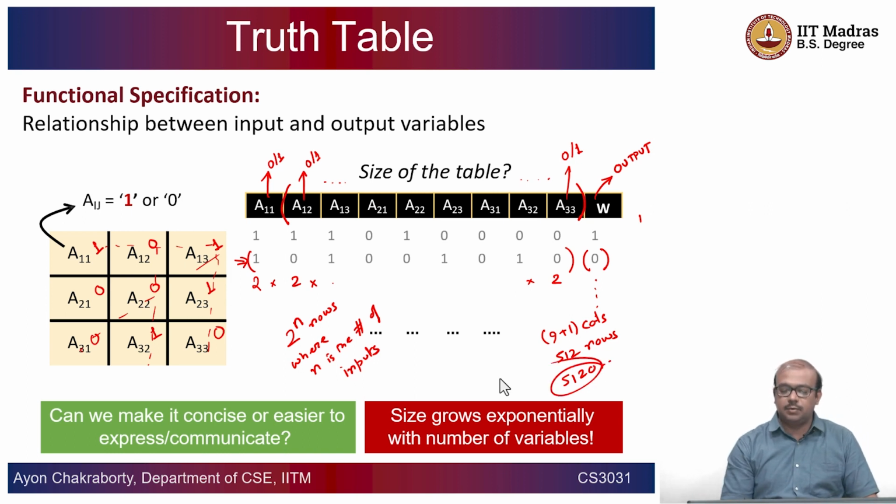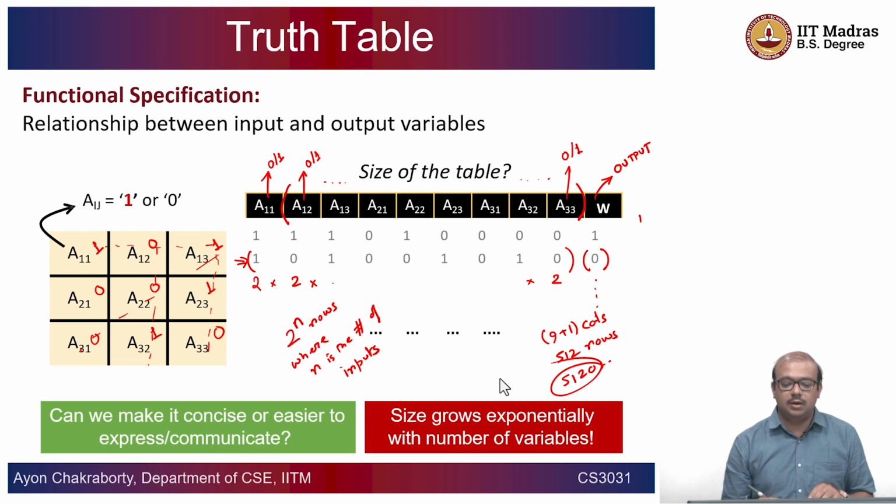One of the things that we are going to see as part of our exploration of how to design such circuits is whether we can make this concise or easier to communicate or express.